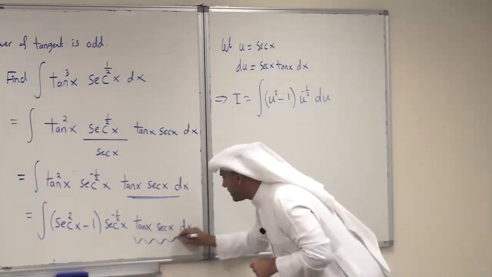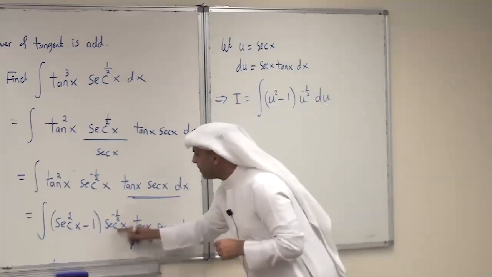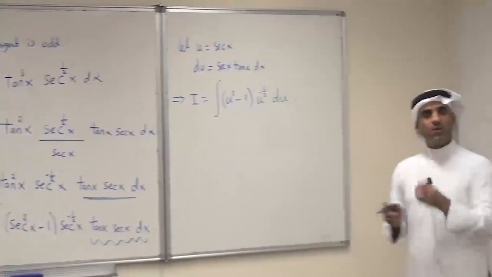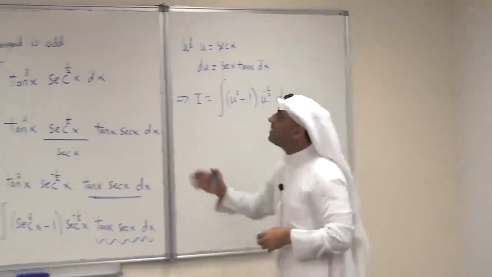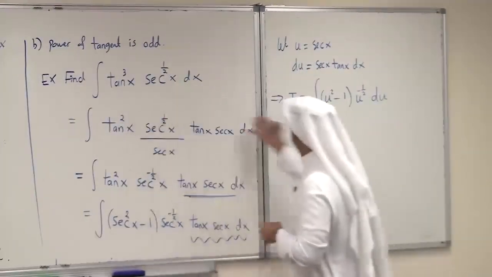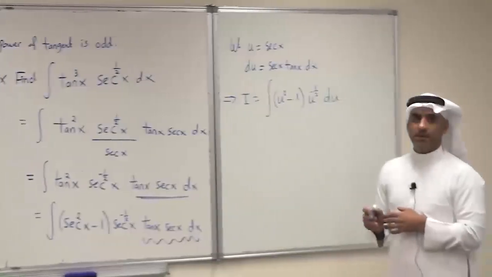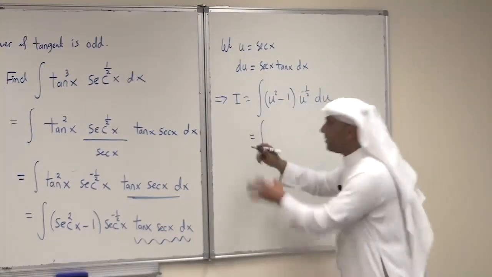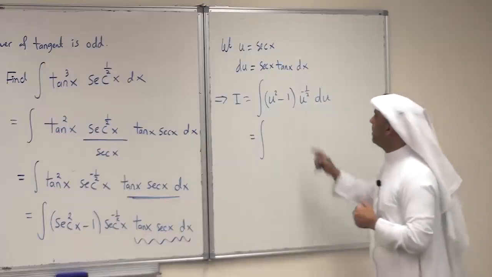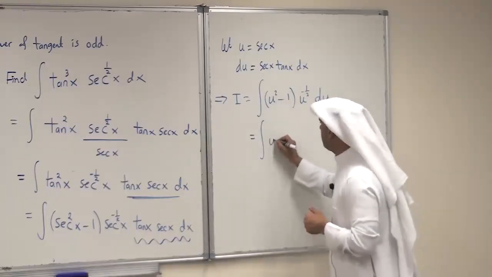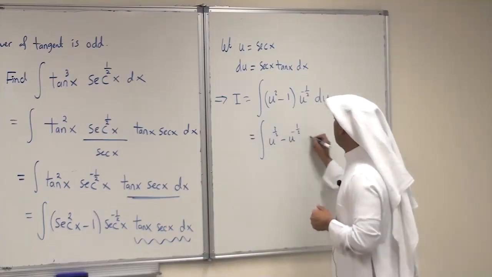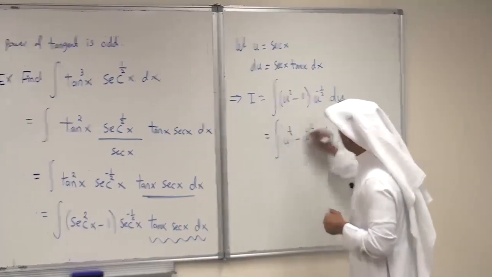You can see now we are converting a trigonometric integral into a simple integral like this, where we can integrate easily. And this is the beauty of this kind of discussion we are making now. We have 2 minus 1/2, that is 3/2. Simplifying, this is u to the power 3/2 minus u to the power minus 1/2, and we are integrating now with respect to u.